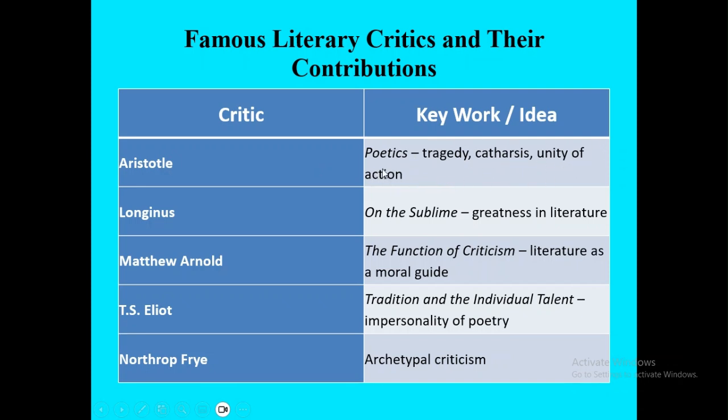These themes are discussed in Aristotle's Poetics. The next critic is Longinus, who wrote the key work On the Sublime, which deals with greatness in literature. The key idea discussed in On the Sublime is greatness in literature.